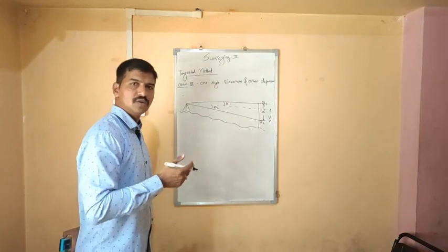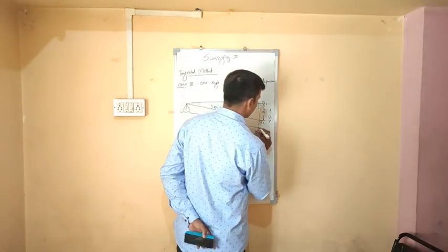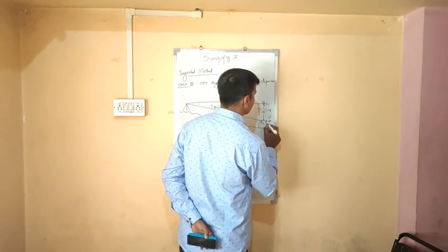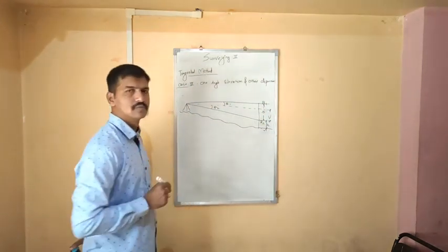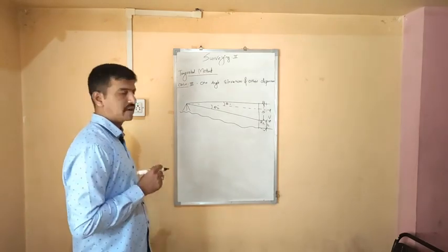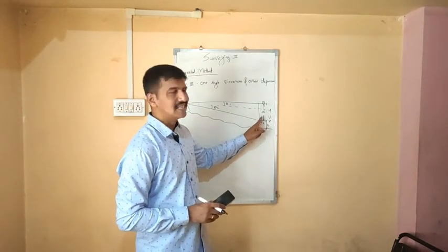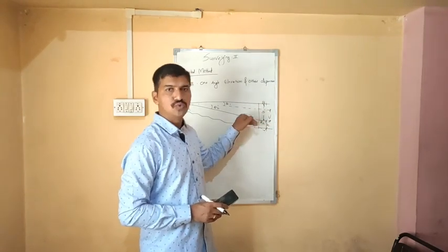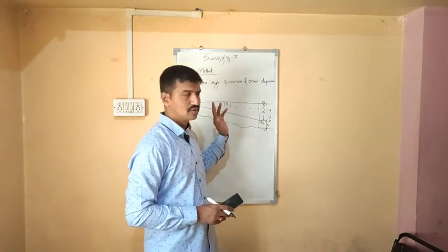Bottom hair target to the ground, this distance is H. Always keep in mind: B1 to B2 is S, B2 to the instrument axis is V, B2 to the ground is H. Okay.